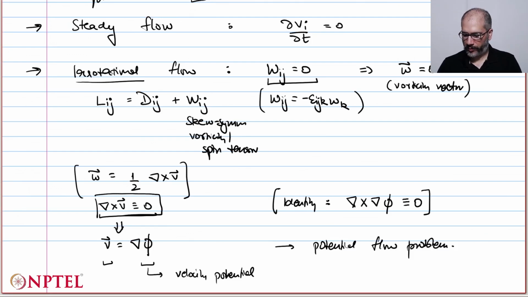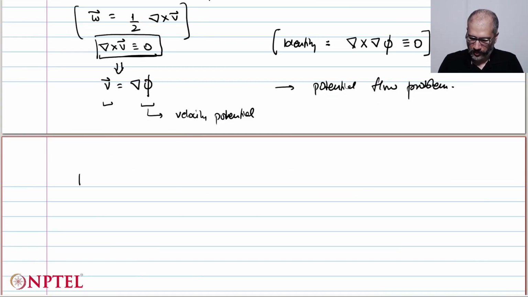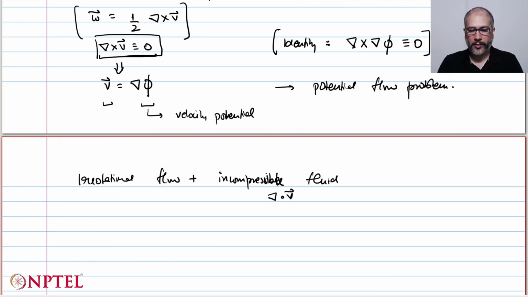And why was it possible to define a velocity potential? Because the flow is irrotational. So for irrotational flows, we can define a velocity potential and use the potential flow theory for this potential flow problem. Now, if in addition to irrotational flow, you also have an incompressible fluid or flow, then incompressible was a condition on the velocity that the divergence of velocity is zero, and irrotational is that velocity can be written as a gradient of a scalar field phi.